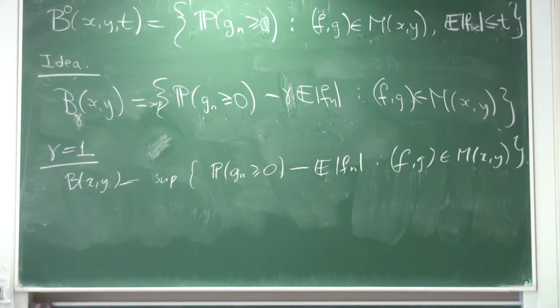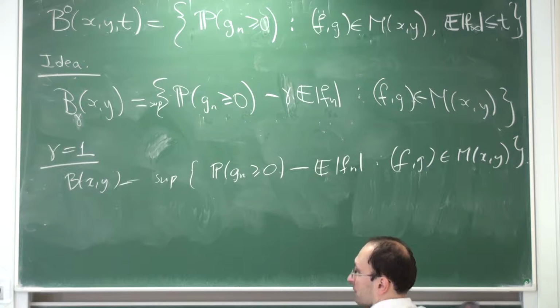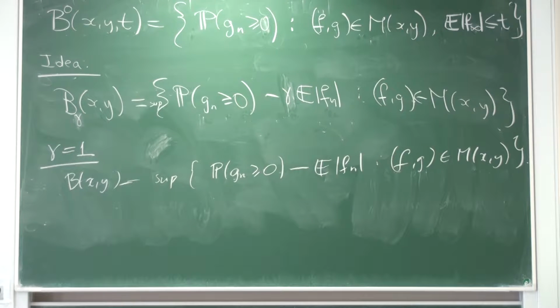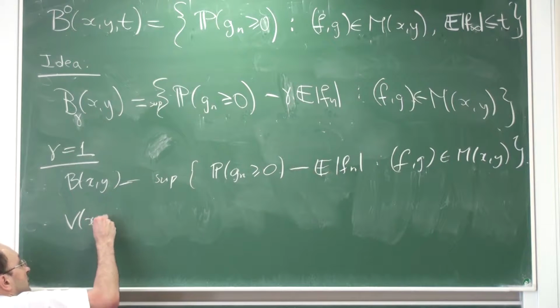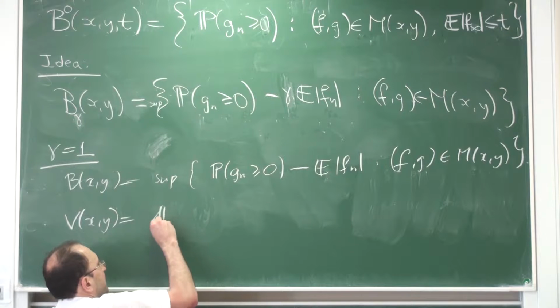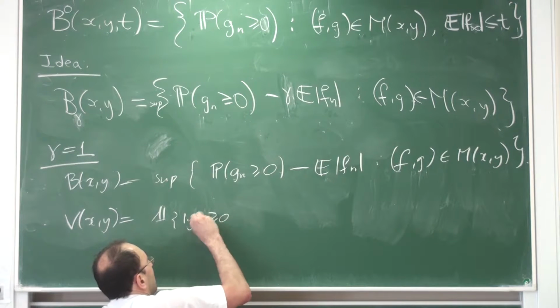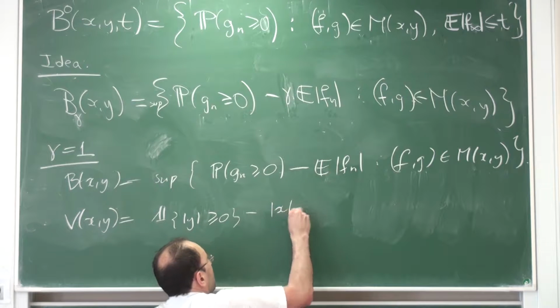Of course, the function will be a little bit different. So you see, we have this corresponding v, which is just the indicator that y is larger than 0 minus x.